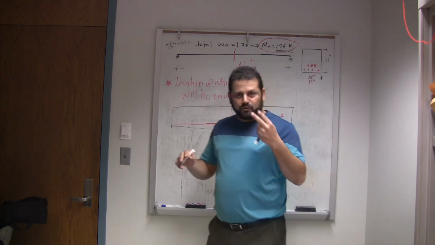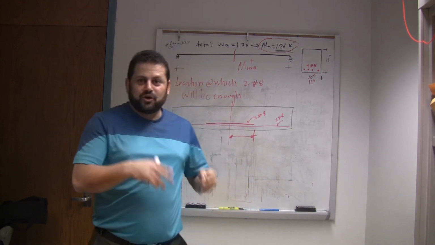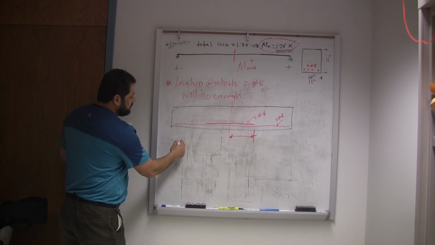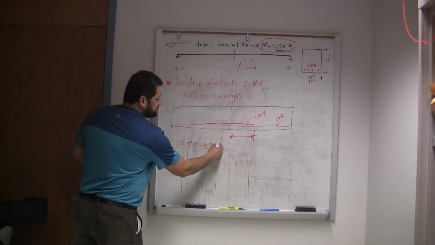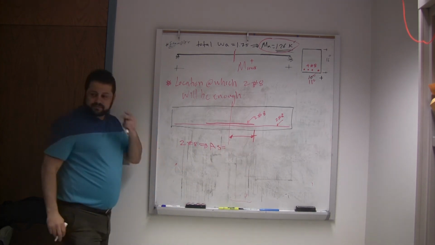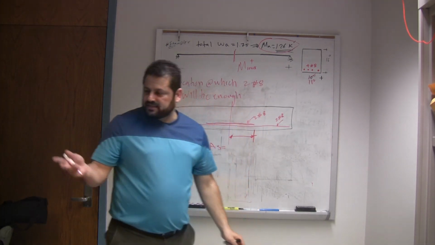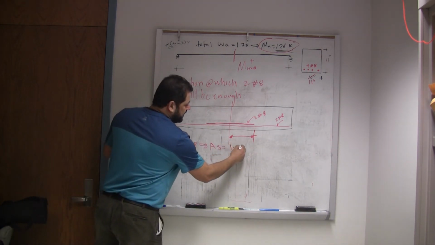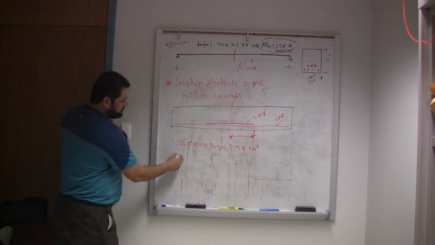So how do we check this? We no longer need 2 bars when the strength provided by 2 bars is enough. So what's the strength provided by 2 bars? Easy. The area of 2 number 8 will give you how much area of steel? It is on the table. It's 3.16 divided by 2, 1.58 square inches. What's phi Mn?